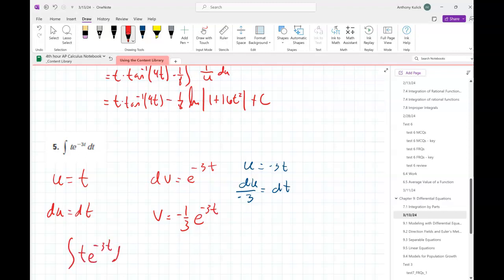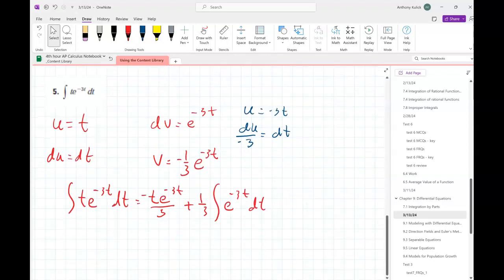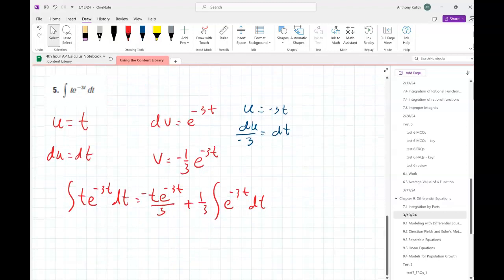Again, I did all these problems at one point before I picked them to assign, but it's been a minute. But that's my suspicion, is that I am going to want to, so I did u times v minus v du.